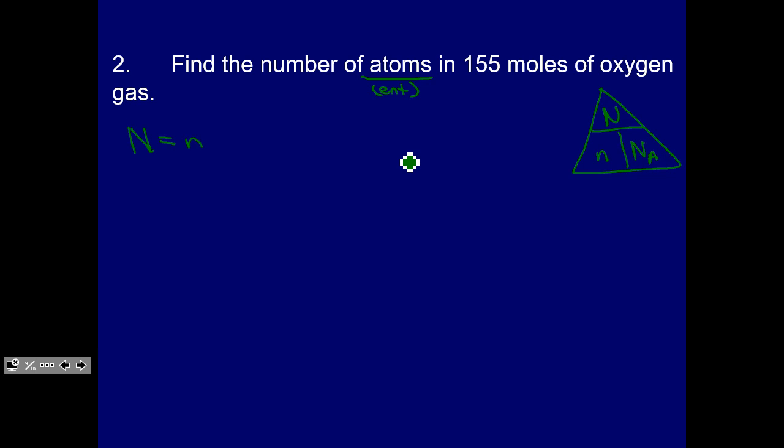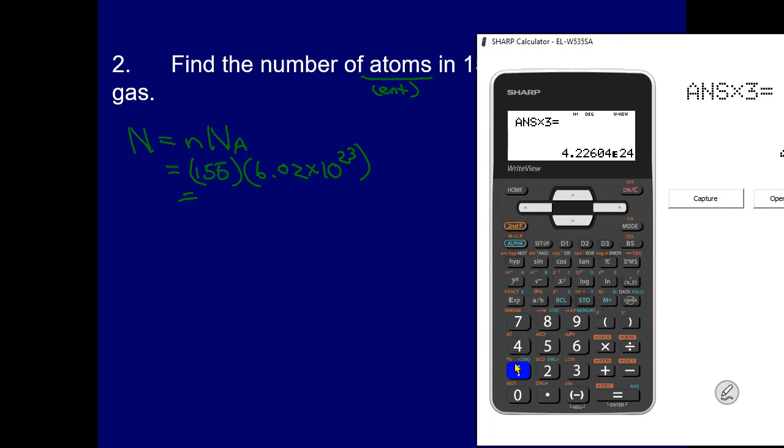N is equal to moles times Avogadro's number. 155 moles times 6.02 times 10 to the 23. 155 times 6.02 exp 23 equals 9.33, 3 significant digits, times 10 to the 25. 9.33 times 10 to the 25 entities of oxygen gas.